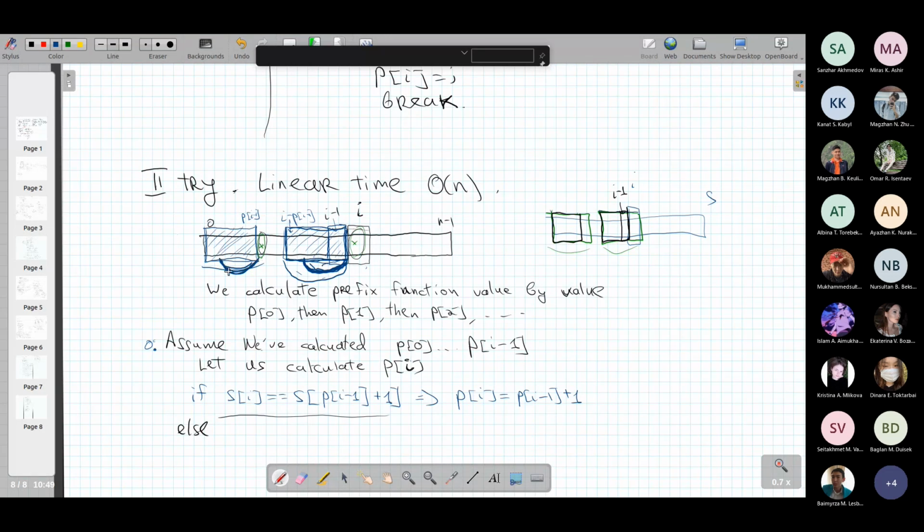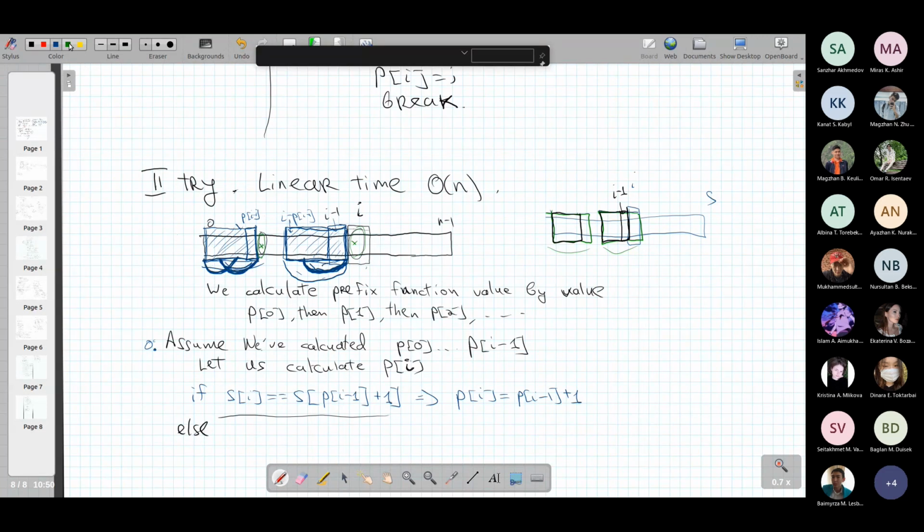And as soon as we found the copy of that here, we can ask, what is your largest suffix that is equal to the prefix? So we want to find somebody. Let us assume that the answer will be here. So this is going to be our next candidate.